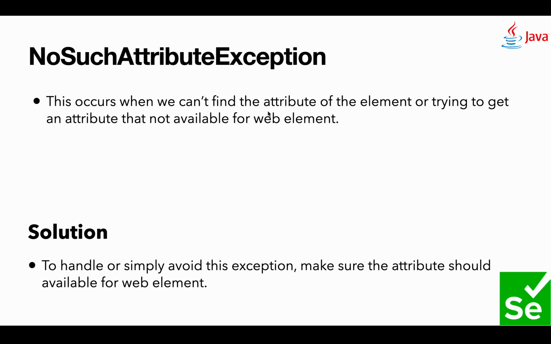Let's suppose there is one button and that button doesn't have any class attribute, and you are trying to get that class attribute which is not associated with that button. In that case we will get this no such attribute exception because that button doesn't have a class attribute.